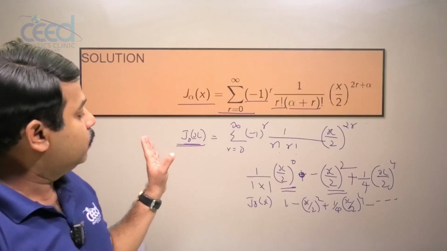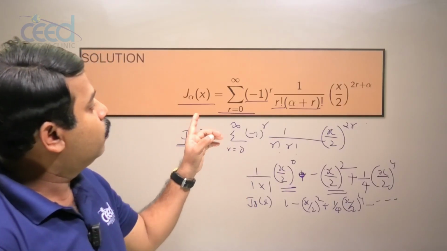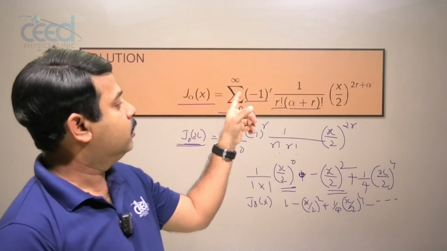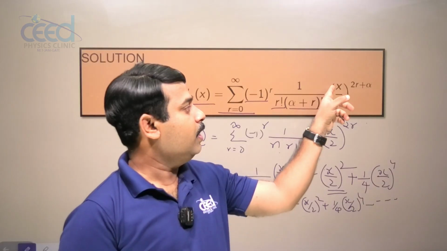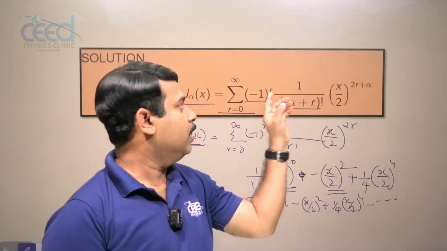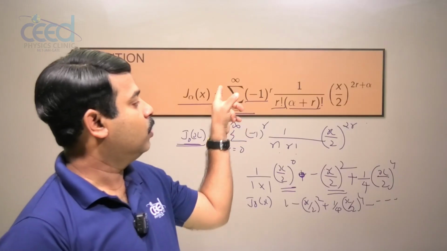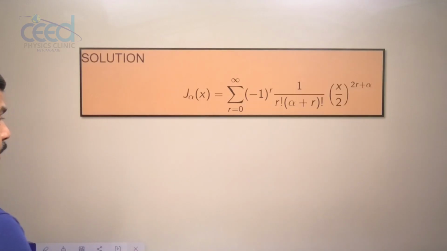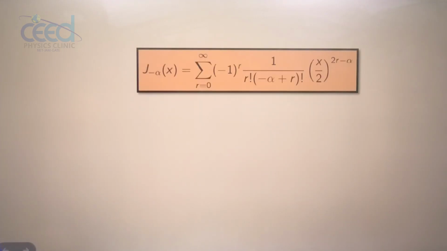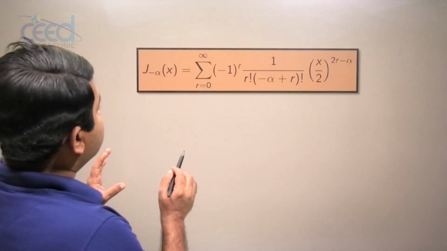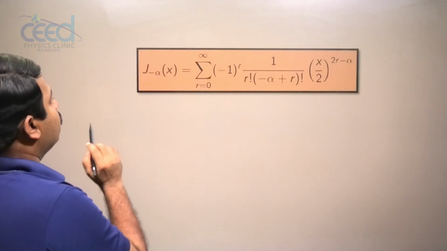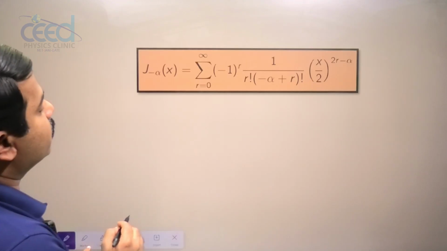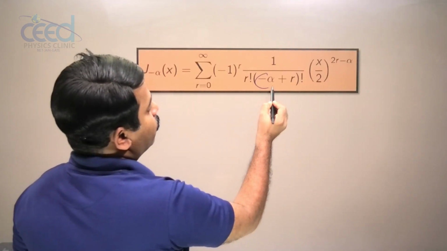Similarly, instead of alpha you substitute 1, then we have (1 plus r) factorial and (x by 2) raised to (2r plus 1), and with sigma r equal to 0 to infinity, you will get J1 of x. If you require J minus alpha of x, then instead of alpha you put minus alpha.